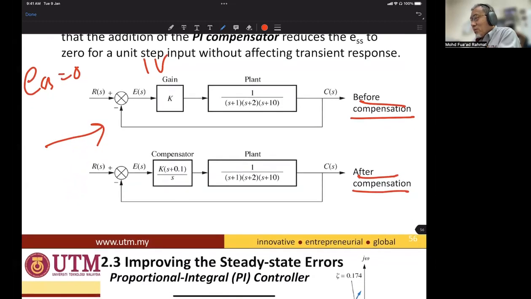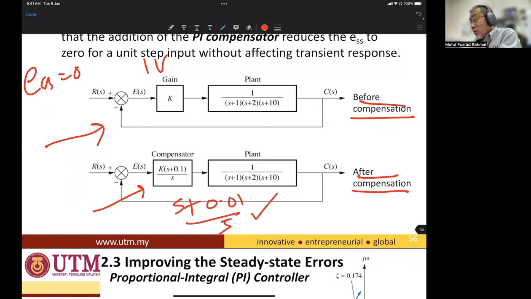Right. So now we introduce a compensator, S plus 0.1 over S. You can choose any number as long as the zero is very near to the origin. So maybe one student doesn't like S plus 0.1 over S and chooses S plus 0.01 over S. Can or not? Yes, can.